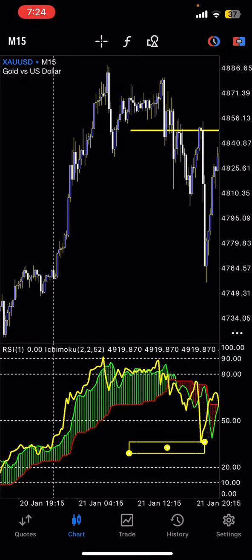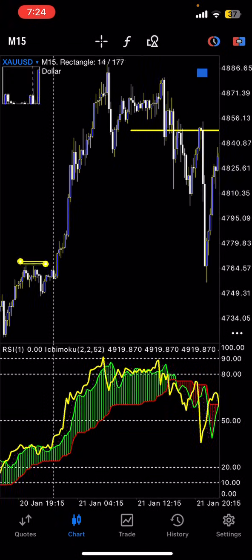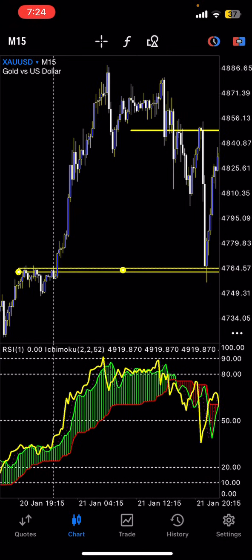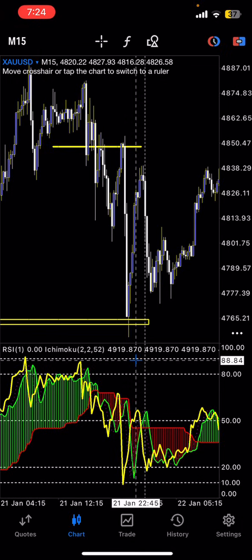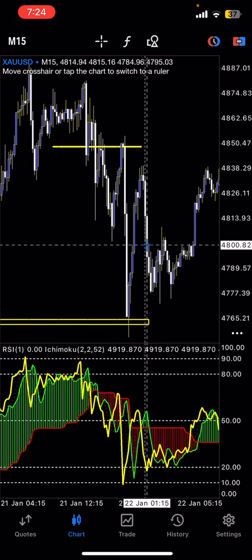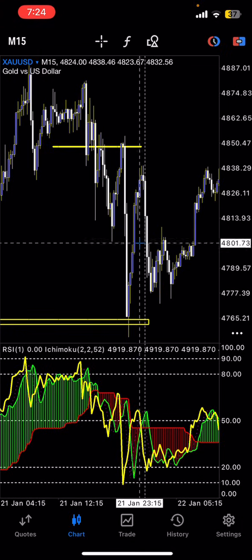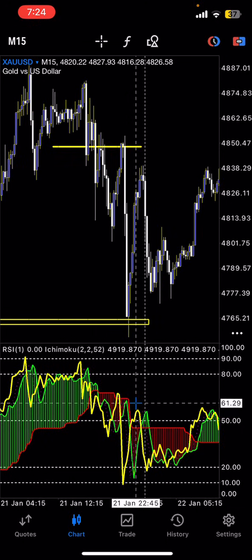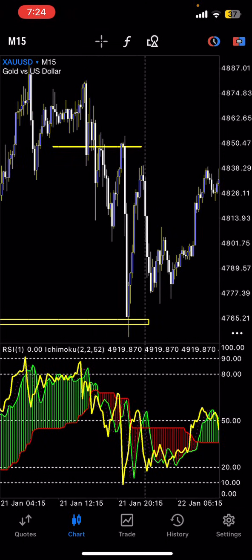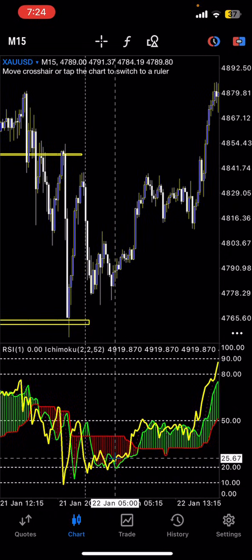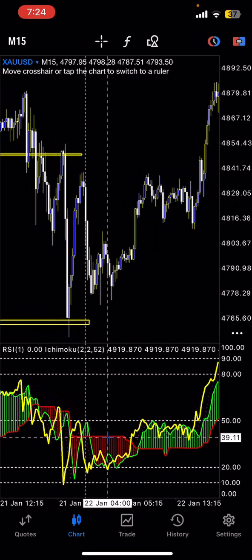Yeah, and then from there we can see we have more zones. We can see we have more levels, and then look, price from there goes back up, and then you can see it doesn't break the previous resistance, so it's not clear yet. And then price finally breaks the resistance.